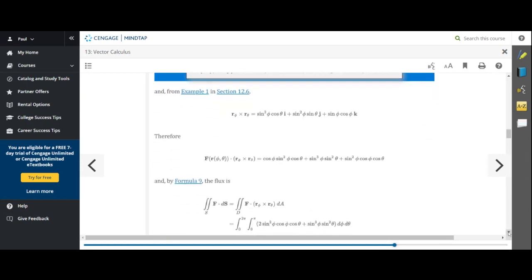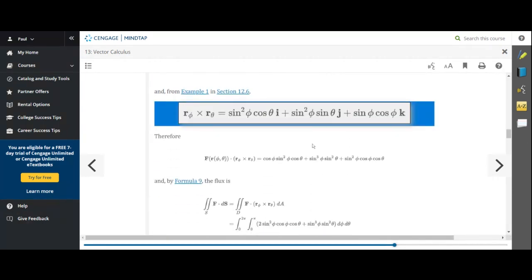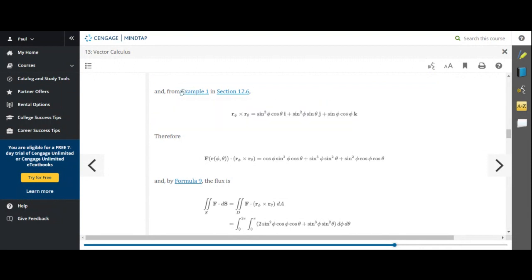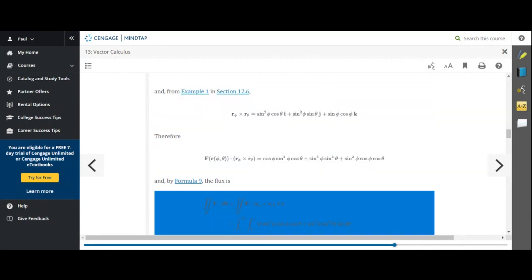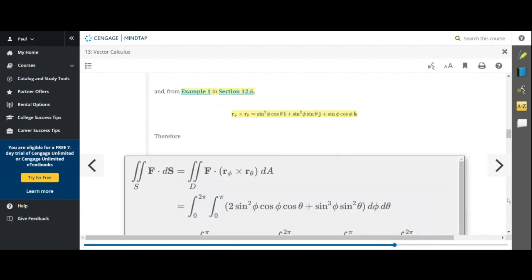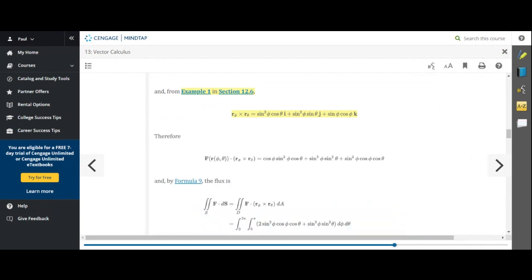So what you do is you take the cross product. From example 1 in section 12.6, they find the cross product of the two derivative vectors, and once you know that, you can work out the vector field.